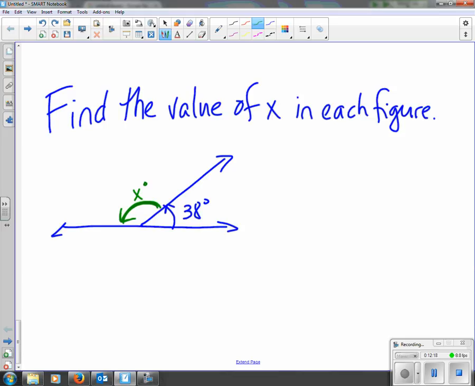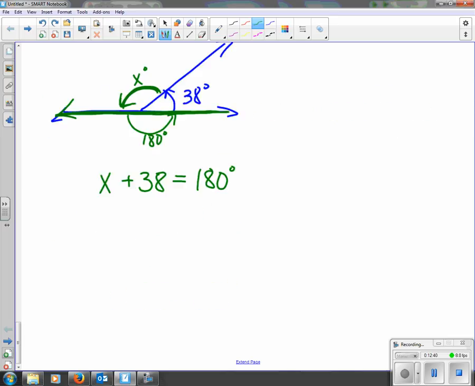Okay, well, I know that straight across, all the way straight across, is 180 degrees. So x, whatever that measurement is, plus the 38 has to equal 180 degrees because that's the total amount.